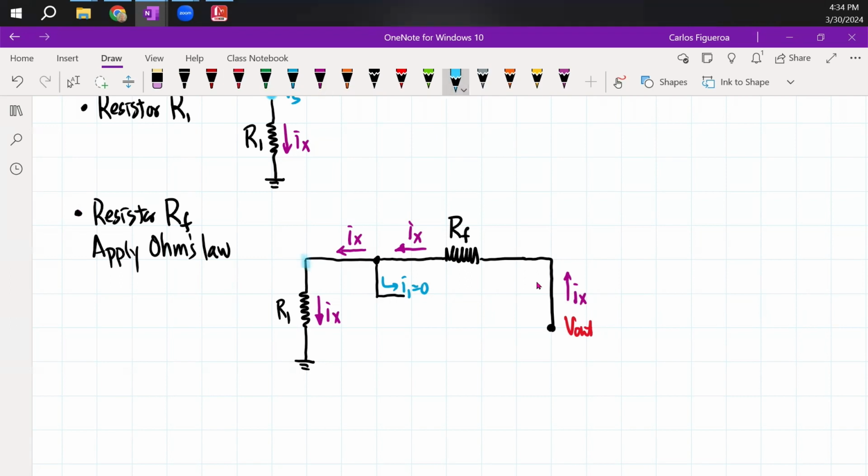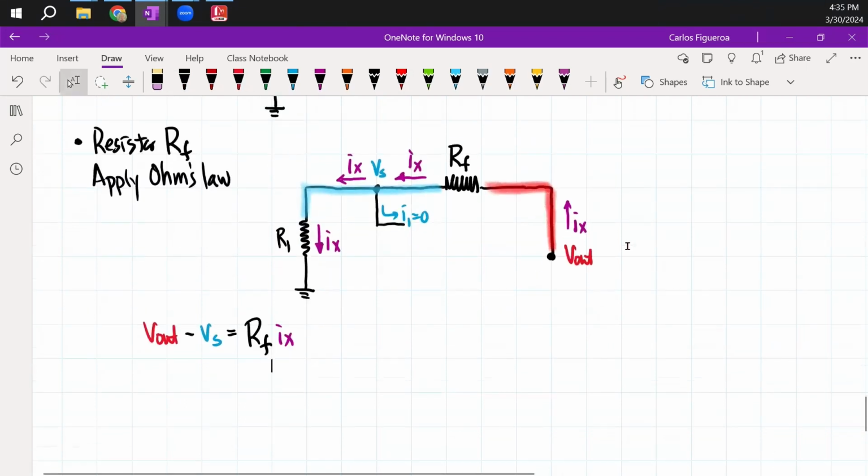So now if I color in my nodes, we know that this node right here is now Vs, and my red node right here is V out. If I apply Ohm's law, it says that V out minus Vs must equal the feedback resistor times Ix.